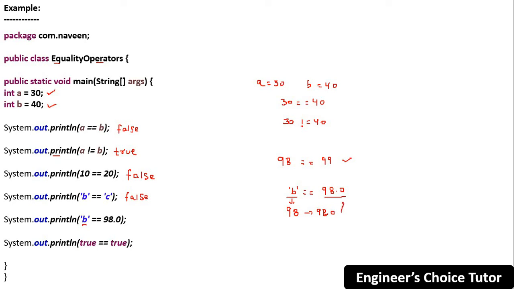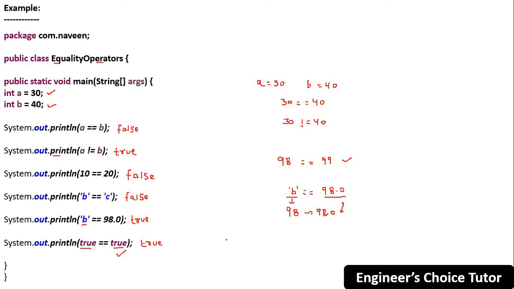Then the comparison will take place. So 98.0 is equal to 98.0, right? So you will get true. Next, see, true equal to true. Yes, it is 100% true, because the equality operators are applicable for Boolean types also.